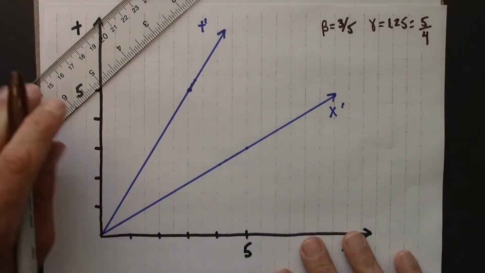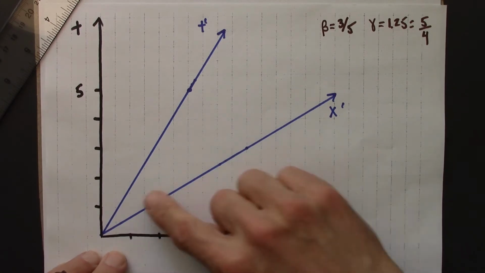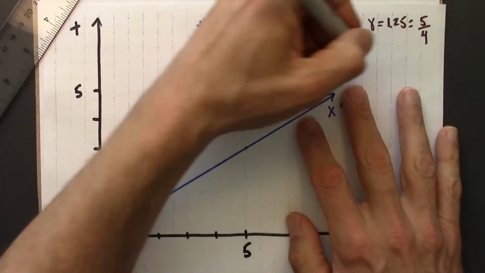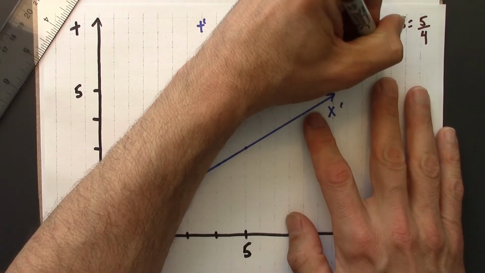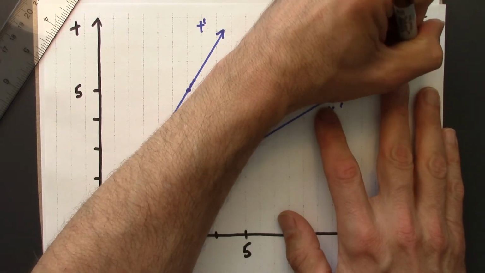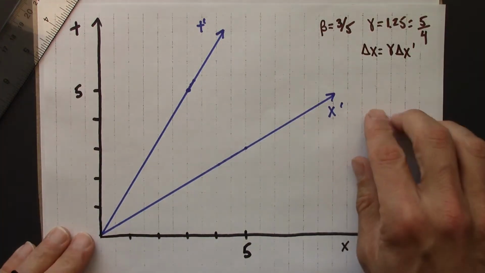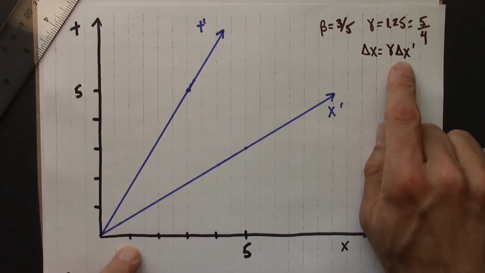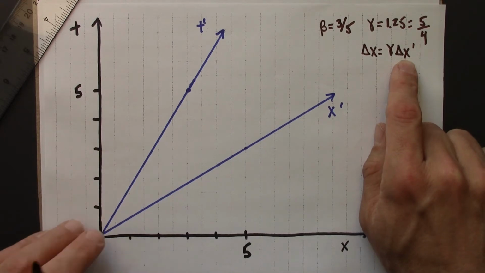Actually, before I draw that line, we should talk about calibrating these primed axes. Forgot about that step. All right. So remember how we calibrate things. Delta x is gamma delta x primed. So suppose I want to know where delta x prime is 1.